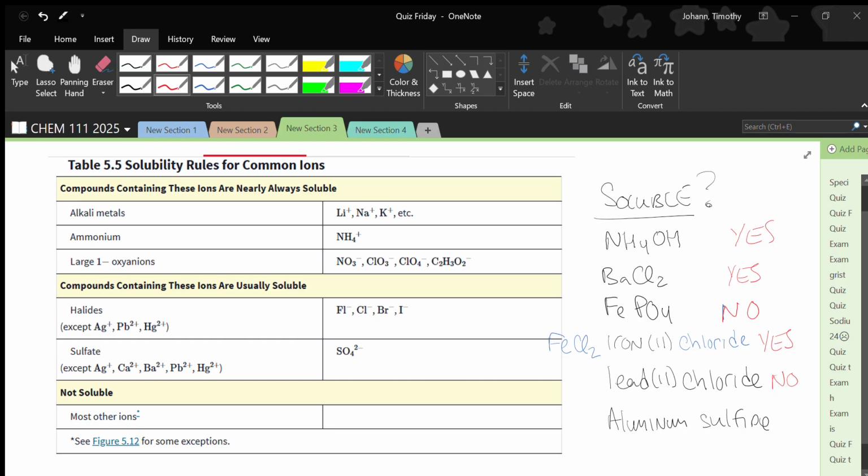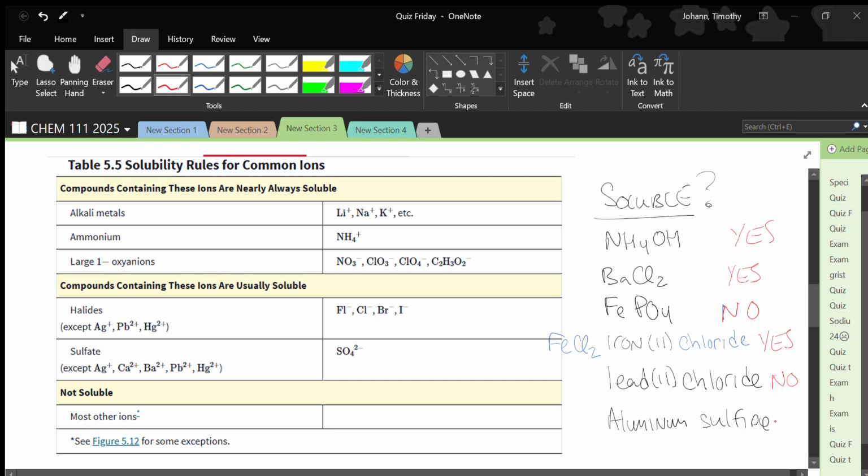So the top rows. So sulfide, aluminum isn't here. How about sulfide, which is S2-? Okay, I don't see that either. So we don't have either of those there. Most other ions are insoluble, so it is no. And insoluble means not soluble. Questions?